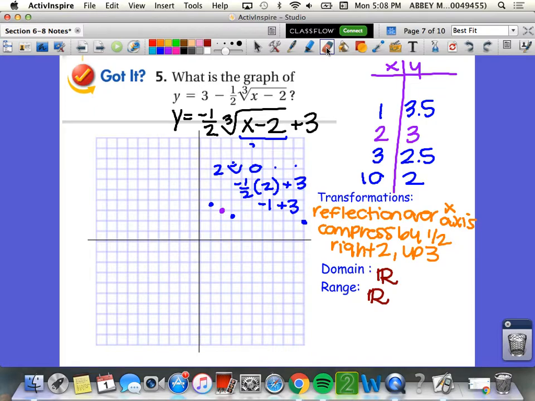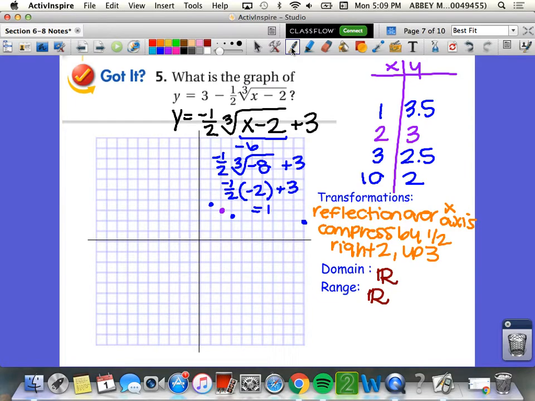I'm going to do the same thing, except now what's going to make this go to -8 under here? That would be -6. So then I have -1/2 times the cube root of -8 and then plus 3. Well, that's -1/2 times -2 and then plus 3.